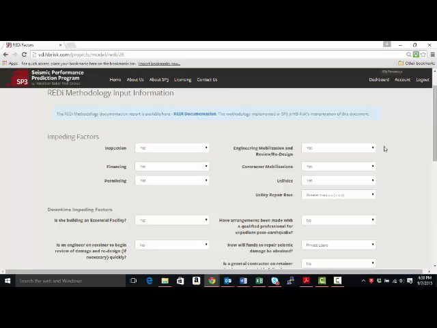REDi downtime is broken down into direct repair time and impeding factors that must be dealt with before repairs may begin. The method also differentiates between three recovery levels: reoccupancy, functional recovery, and full recovery. Reoccupancy may be achieved when it is safe to take shelter in the building, though things like lighting and AC may still be unavailable.